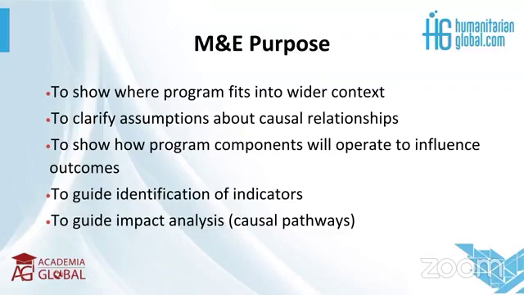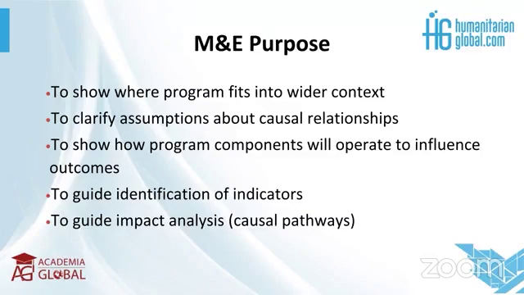It also shows how program components will operate to influence outcomes. How do the different components work together to bring about, or facilitate, the change that we expect to see? And then, of course, a good theory of change can help you identify the indicators.